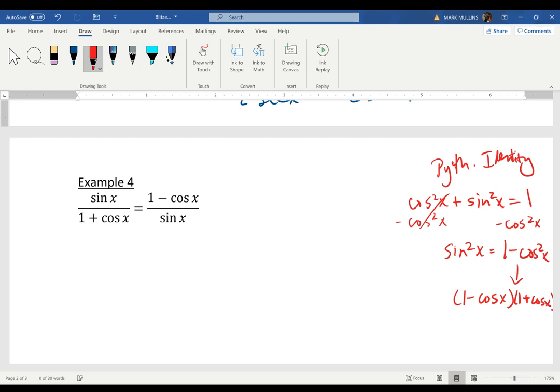So because there's already a minus on this side, I'm thinking, what if I multiplied the top and bottom by 1 plus cosine x? And I really should have written this as one more line. So let's do that. I don't want to start writing at the original problem.